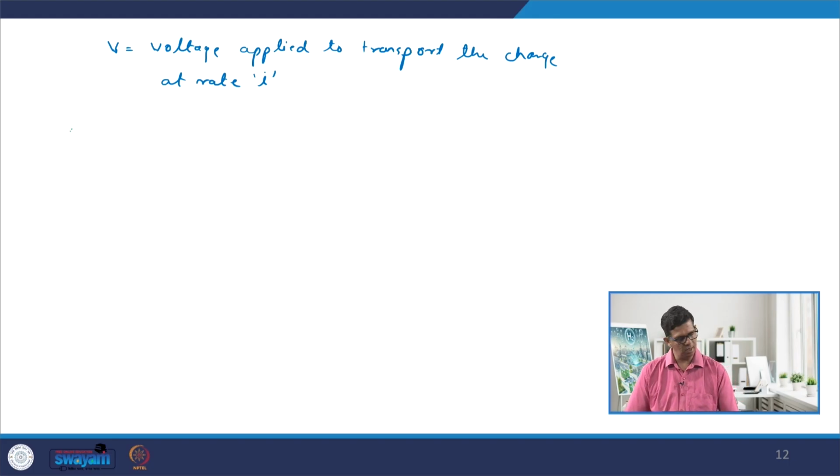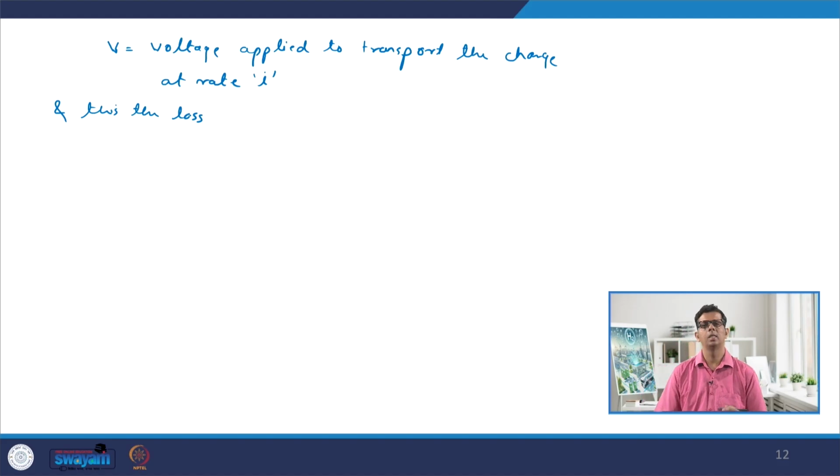So, this is a loss. Now, why is it a loss? Because it is an excess potential that we need to apply apart from what we are doing. So, this is the loss to the system.